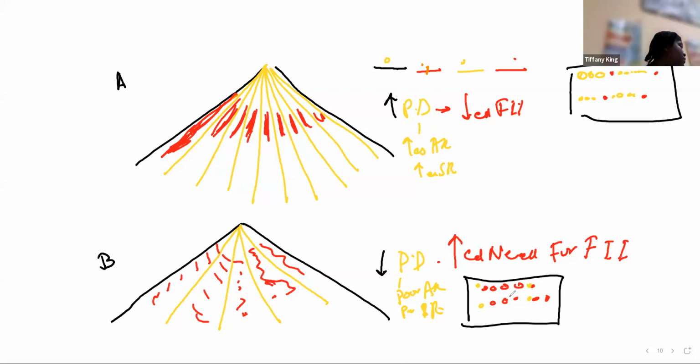So with fill-in interpolation, I think I'm saying it wrong. A would be ideal for scanning, not B, because it's less guessing.